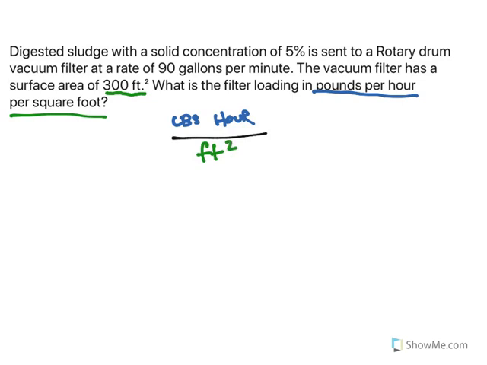So given the information in the question, how do we calculate pounds per hour? First things first, they're giving us a rate of 90 gallons per minute.